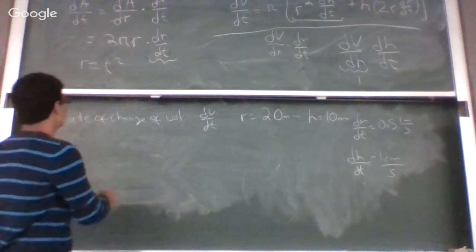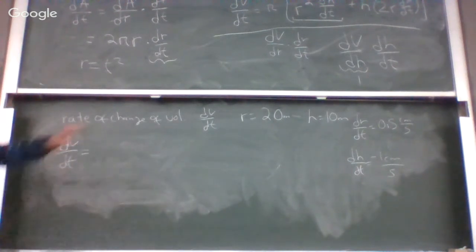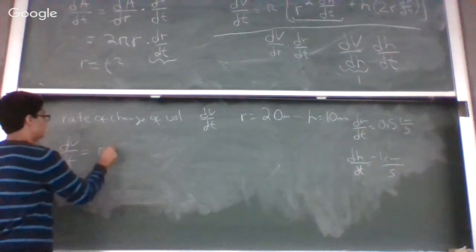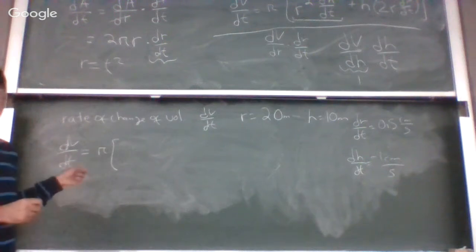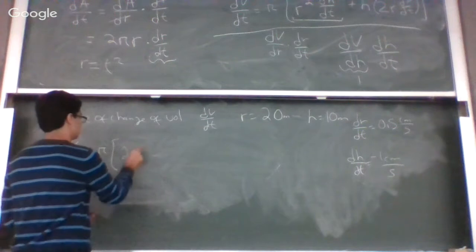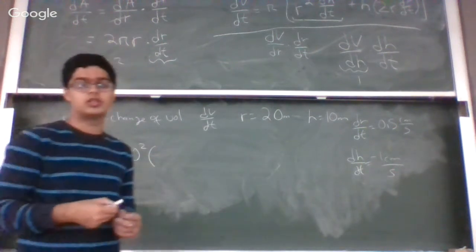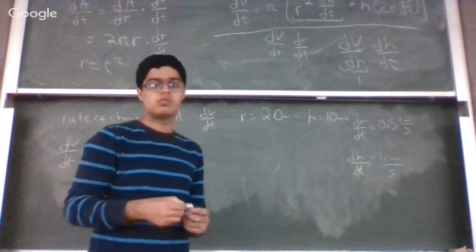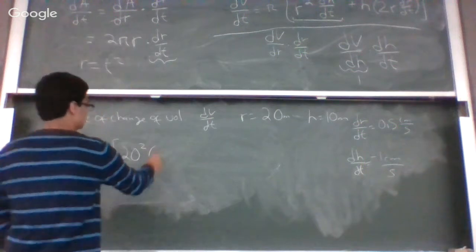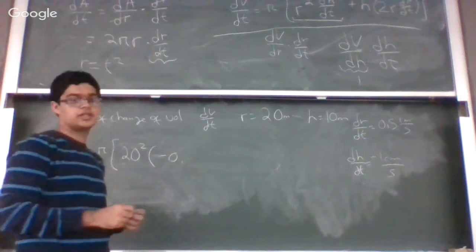Looking up there, we found what the formula is for dV over dt. Once you find that formula, it's much like plug and chug. We do pi times r squared. They told us r is 20 meters, so that's 20 squared times dh dt. H is decreasing, so in meters that's negative 0.01.